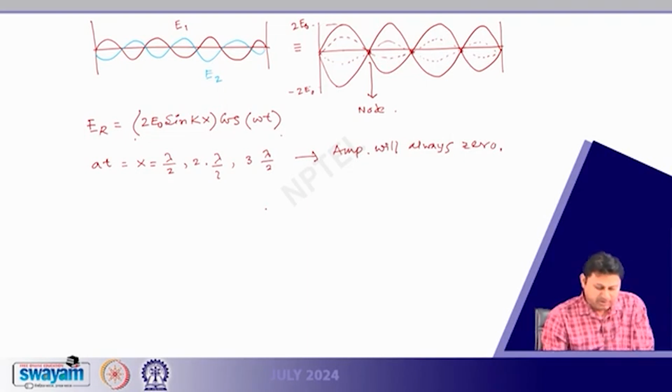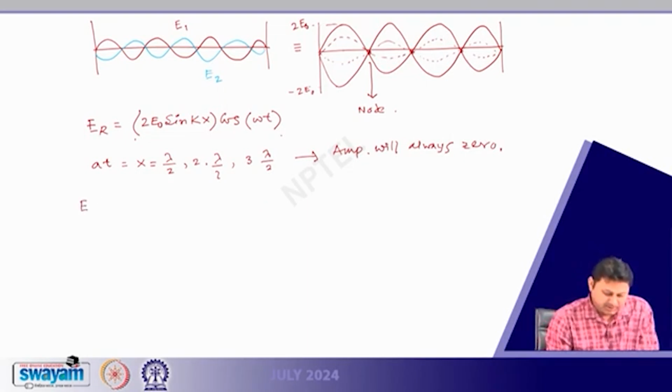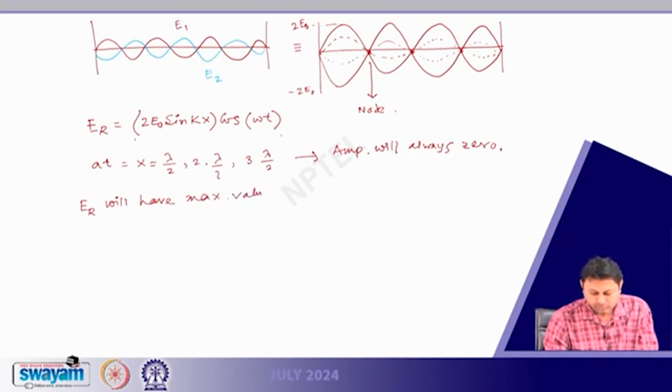So similarly, ER will have maximum value at all x points when cos omega t is plus minus 1.